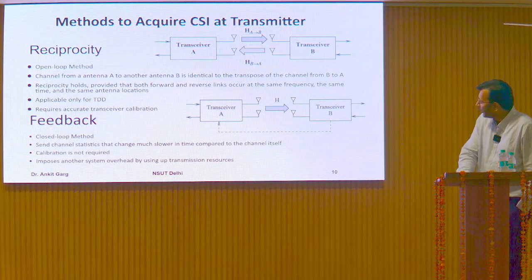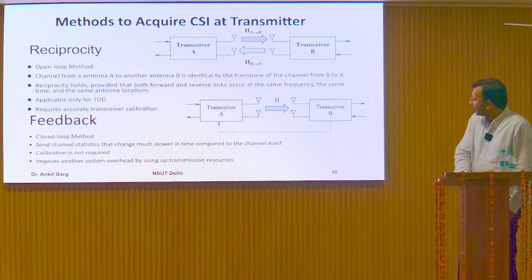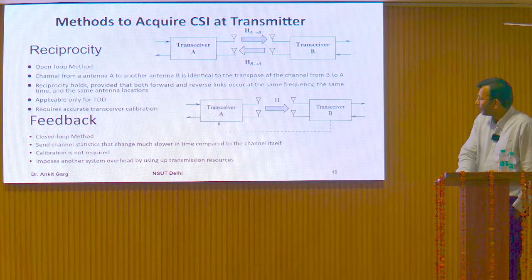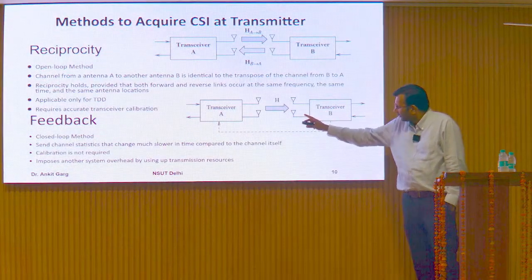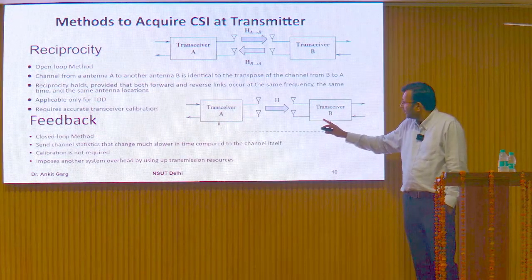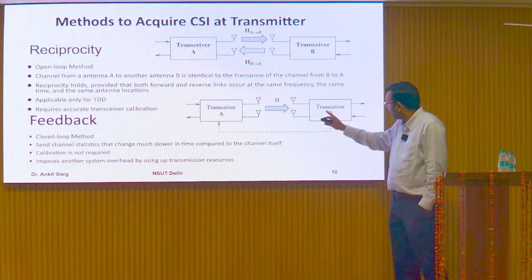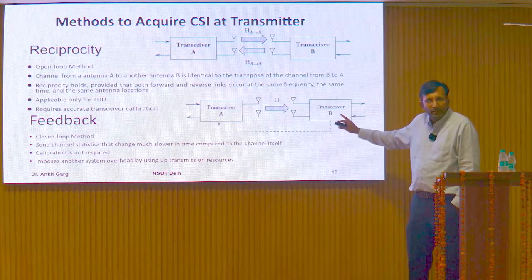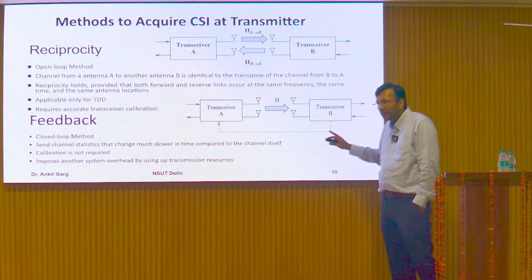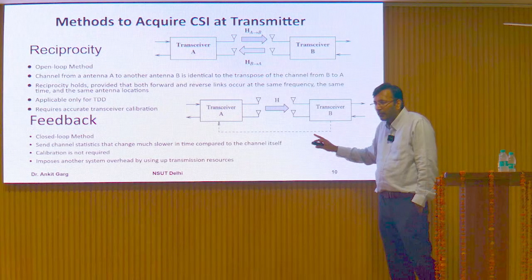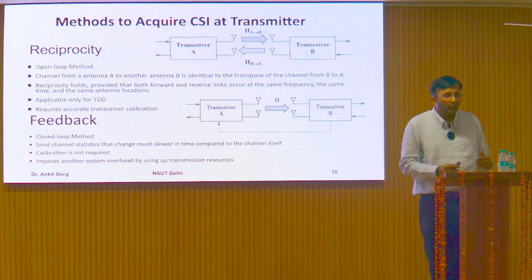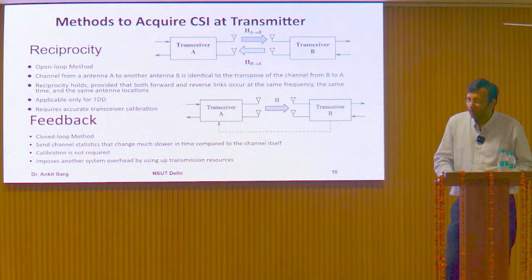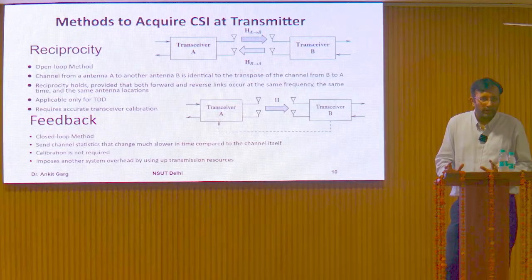So through this feedback, what we do, we estimate the channel information at the receiver side. If I am assuming here B is the receiver, right? Then this receiver feeds that information back to the transmitter, right? In what manner? In what form? That is the whole catch here, right?